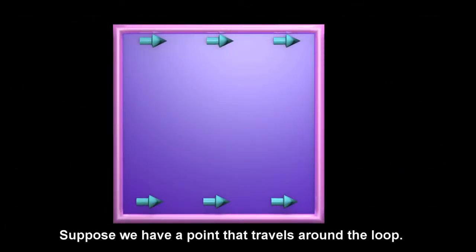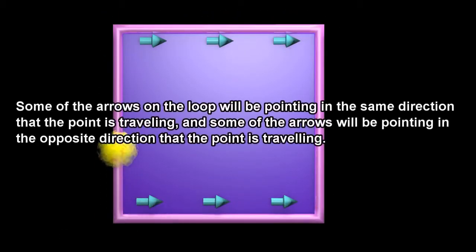Suppose we have a point that travels around the loop. Some of the arrows on the loop will be pointing in the same direction that the point is traveling, and some of the arrows will be pointing in the opposite direction that the point is traveling.